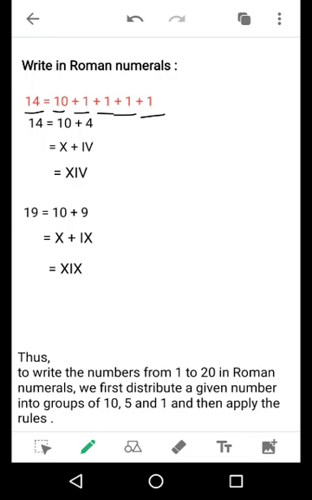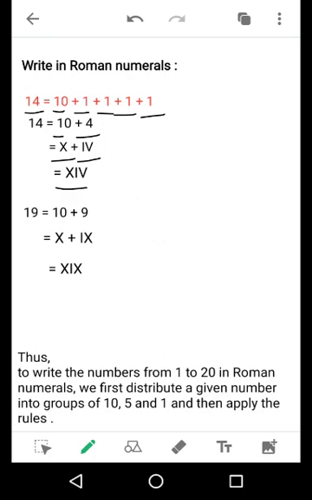But we do not use the symbol I consecutively more than 3 times. So, we shall think of 14 as 10 plus 4. We have the symbol X for 10 and the representation of 4 is IV, which we have already seen in rule number 4. So 14 is written as XIV in Roman numerals.